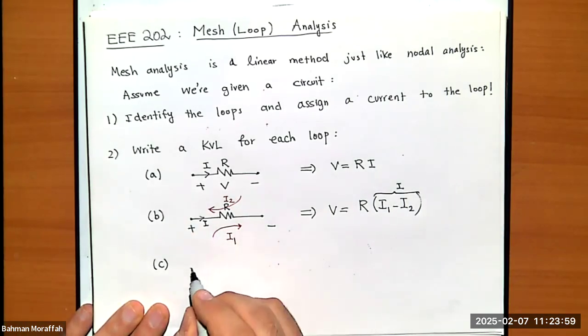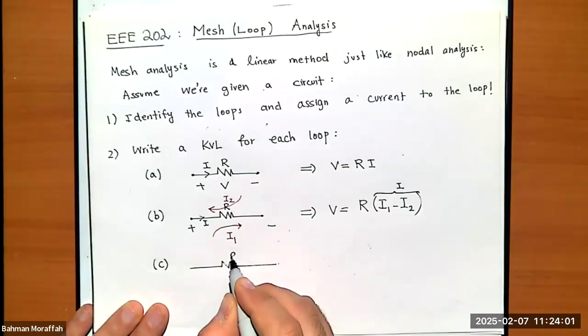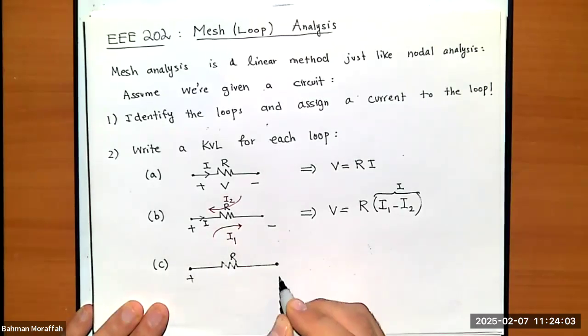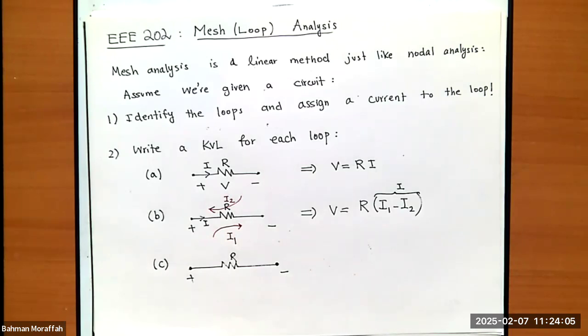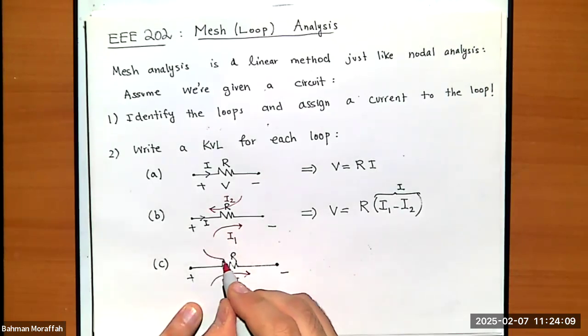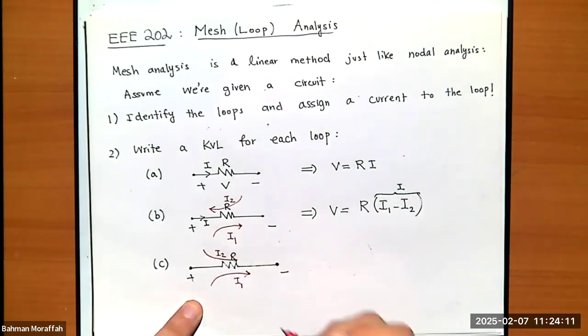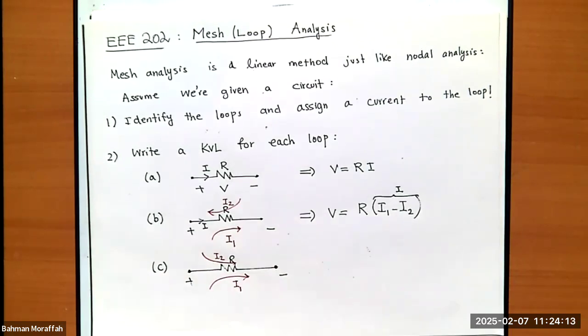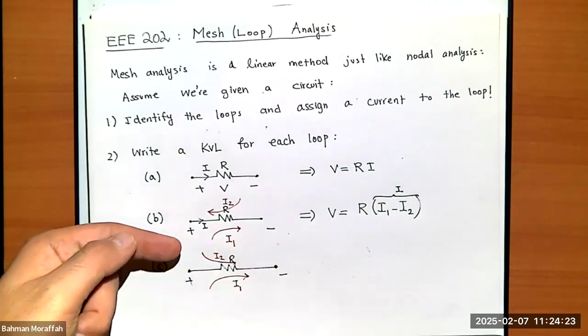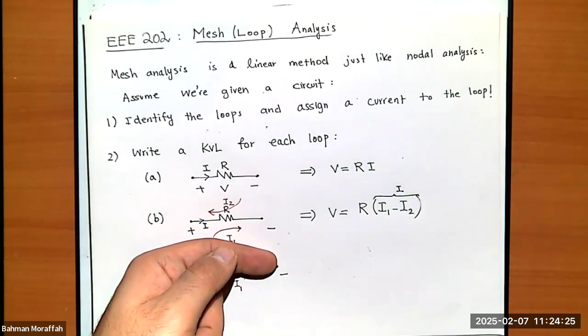Case 3 is that, again, I have this resistor. This time, this is I1, and this is I2. Again, I have Ohm's law. So if I go in this direction, what is the current through this? Well, I1 goes in this direction, and I2 goes in the same direction.